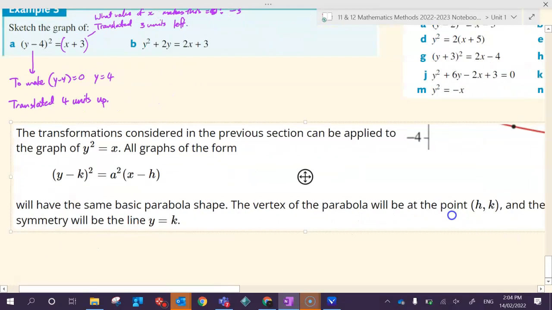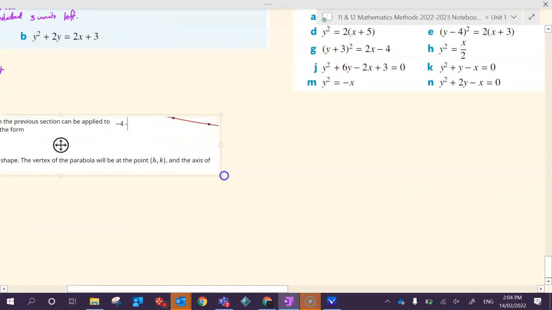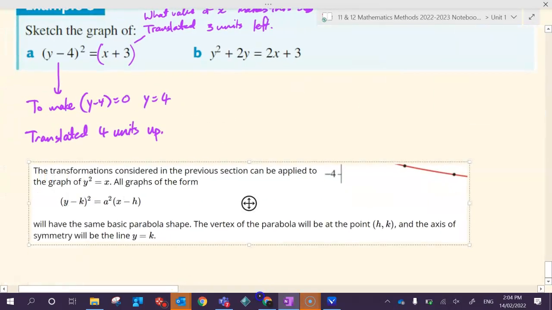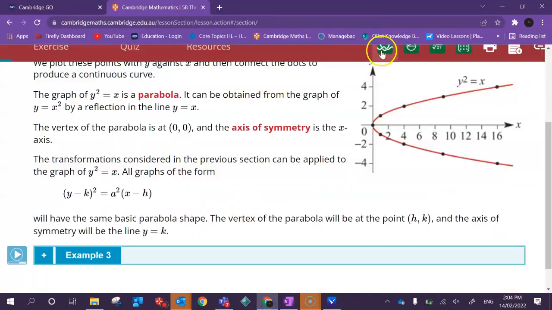So the way I think about it when I'm just dealing with one thing at a time, if you wanted to, you could use that definition as well. But if I wanted to sketch y minus 4 all squared equals x plus 3, you could do it on your calculators to confirm. We've said it's going to move 4 units up and 3 units to the left. We better check we're not lying to you, hey?